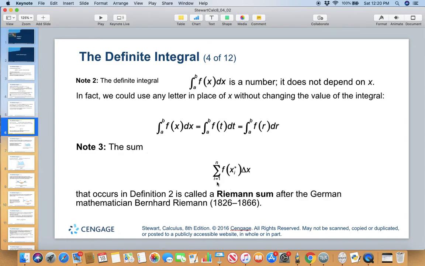The summation, i going from 1 to n, f of x_i star delta x, is called Riemann sum. It is named after the German mathematician Bernhard Riemann, 1826 to 1866.